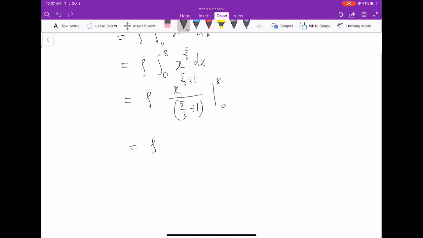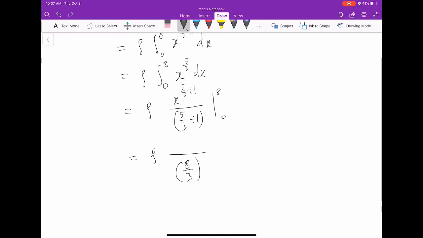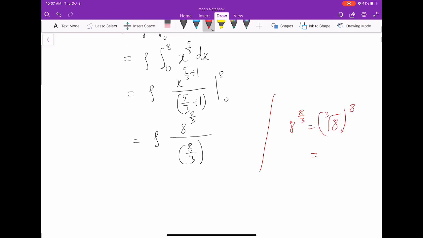But at 0 the function is 0, so we need to find the function value at 8. So I have rho in here divided by 8 over 3, okay? So 8 to 8 over 3. Like the previous computation, 8 over 3 is just cube root of 8, then power 8, right? So cube root of 8 is 2, to the 8.